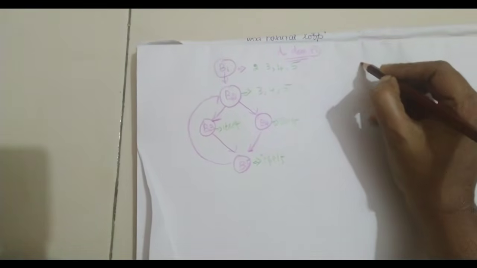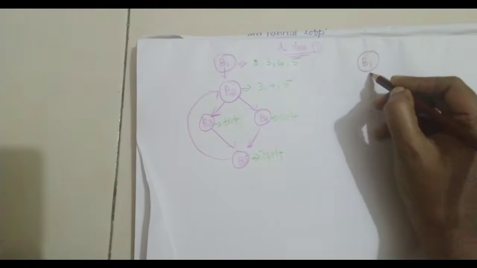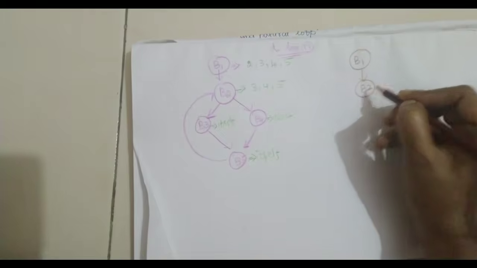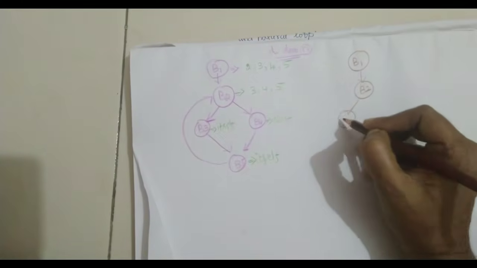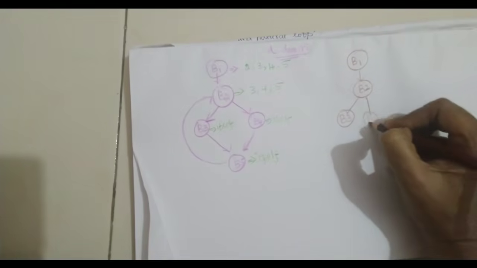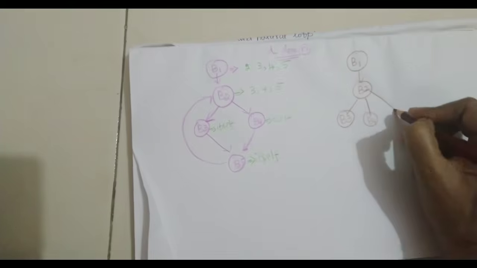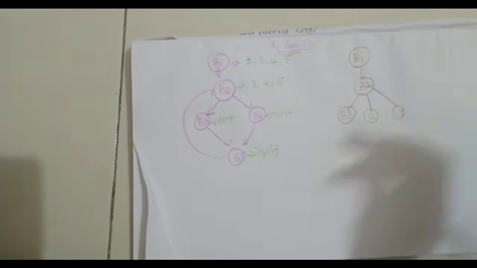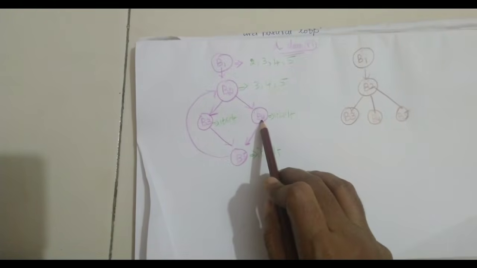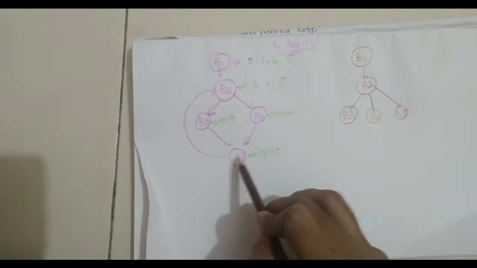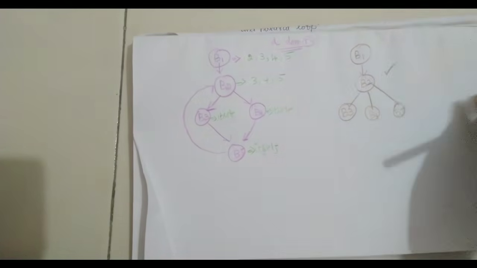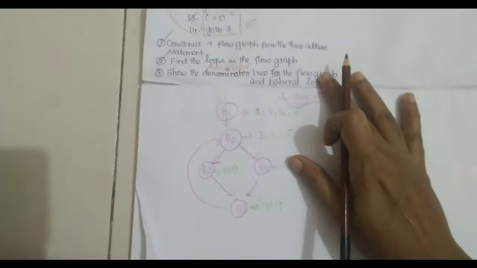B1 is a dominator of B2, no doubt at all, and B2 is a dominator for B3, B4 and B5. And what about B3? B3 is a dominator by itself. What about B4? B4 is a dominator by itself. B5 is a dominator by itself, and hence this is the dominator tree of this particular flow graph.